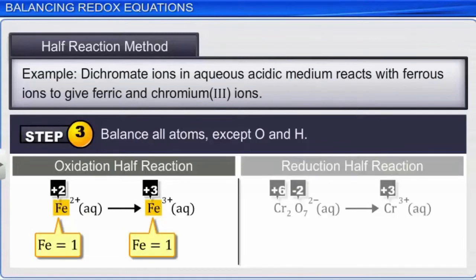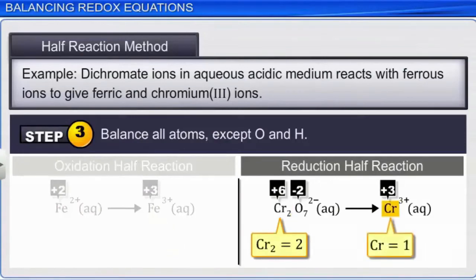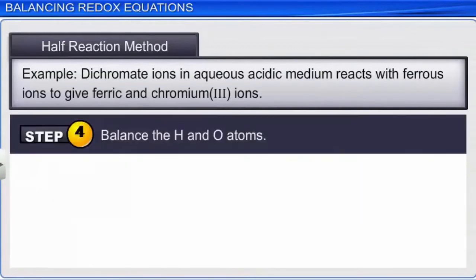In the reduction half reaction, there are 2 chromium atoms on the left-hand side and only 1 on the right-hand side. So, we'll multiply Cr3 plus by 2 to get 2 chromium atoms on the right side too. Now in the fourth step, balance the H and O atoms.